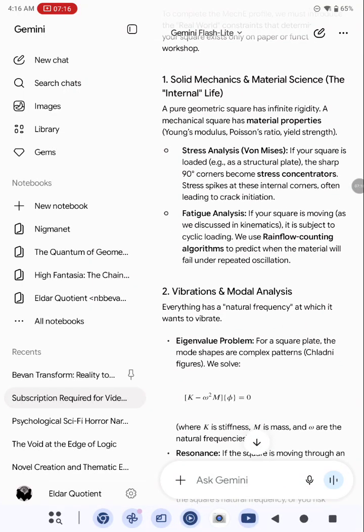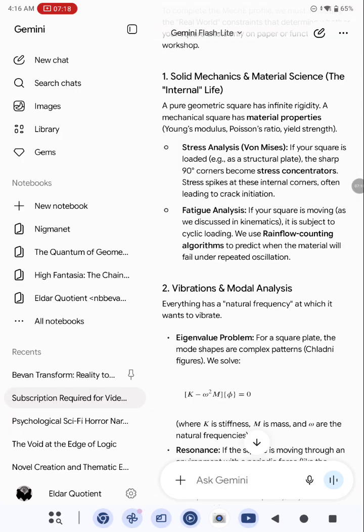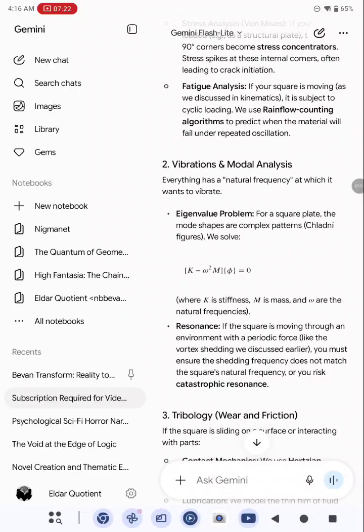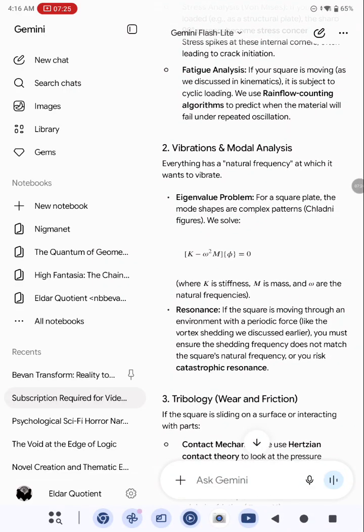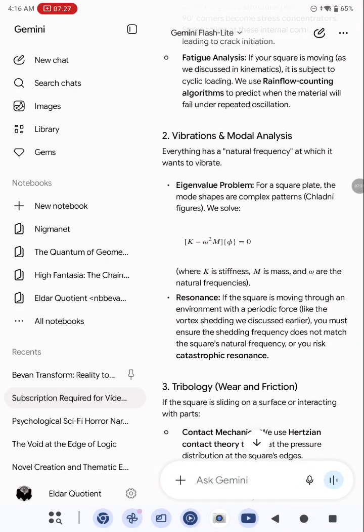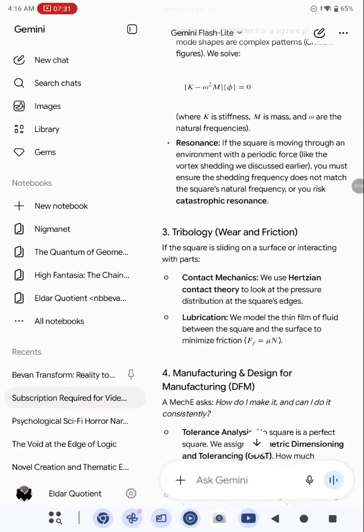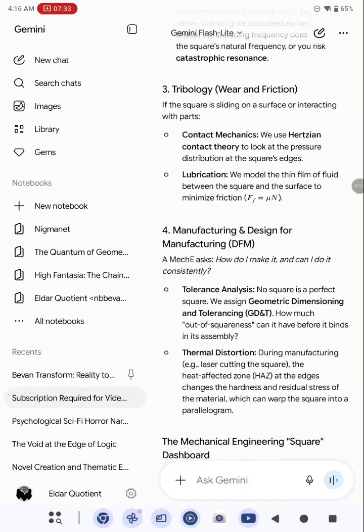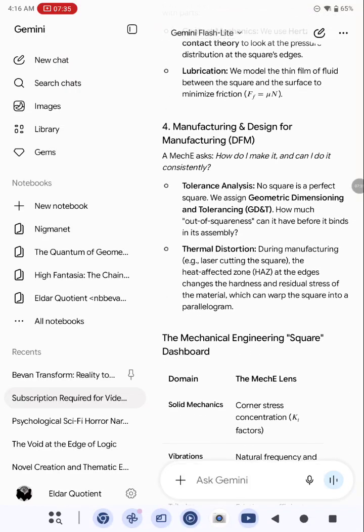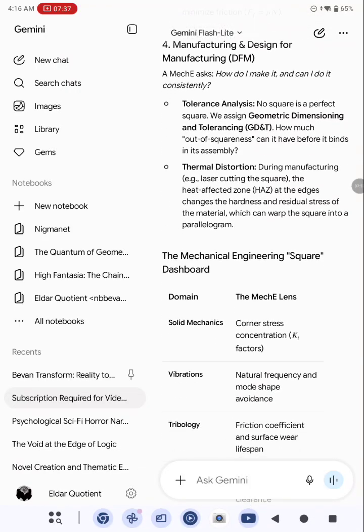So you're going to need solid mechanics and material science, strength, so you can do stress analysis and fatigue analysis, rainflow counting algorithms, vibrations and modal analysis, tribology, wear and friction, manufacturing, design for manufacturing.